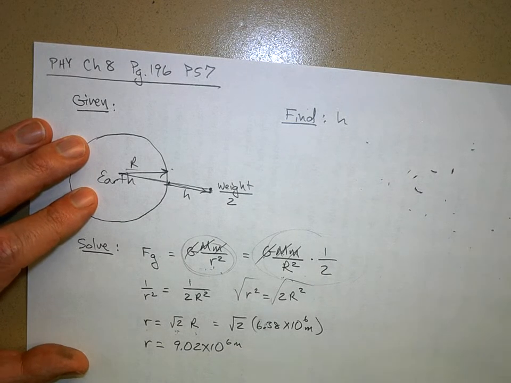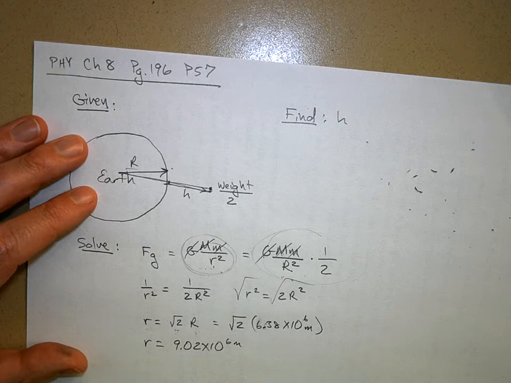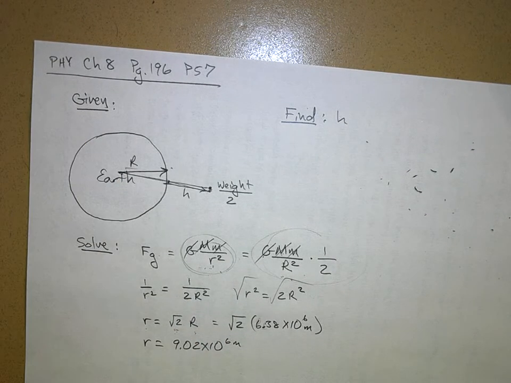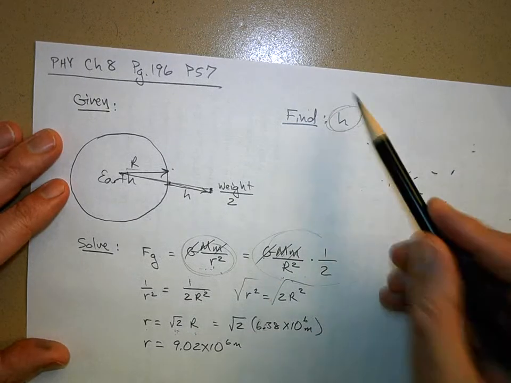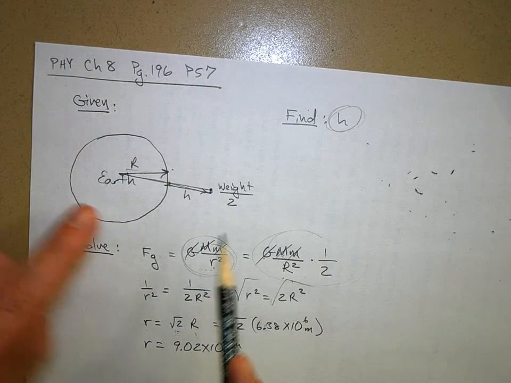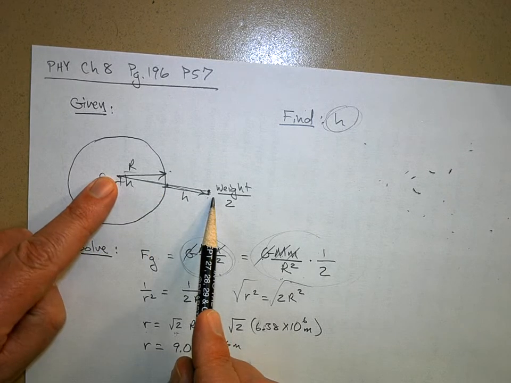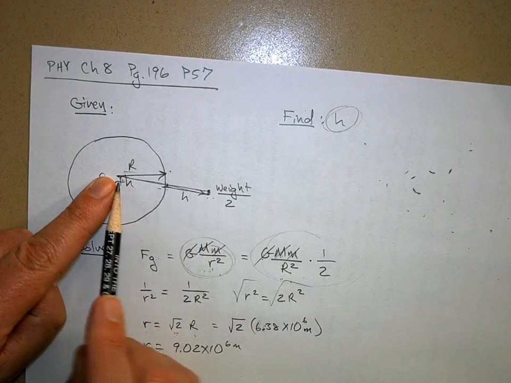Now this is not my answer. This is my distance from the center of the Earth, but what's it asking for in the problem? It's asking for our height above the Earth's surface. So what do I have to do? Subtract the radius of the Earth.